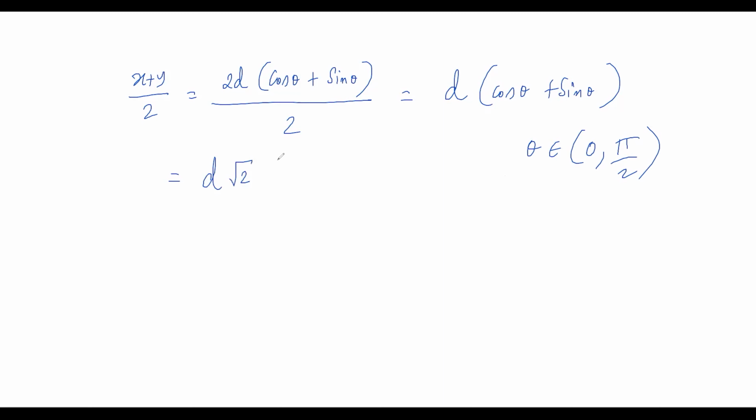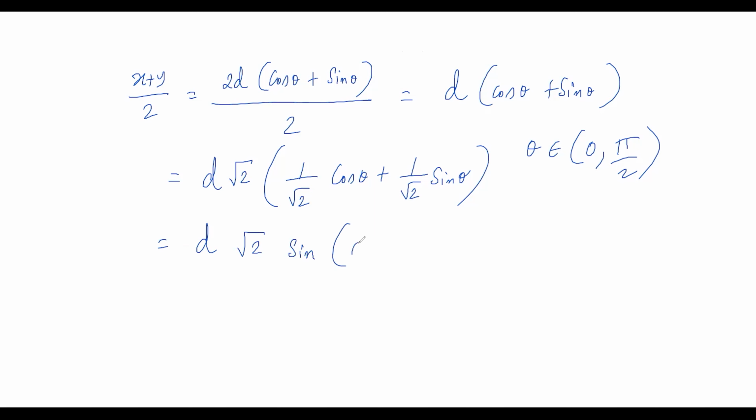let's multiply with root 2 and divide by root 2: cos theta plus 1 by root 2 sin theta, which is equal to d times root 2 sin (theta plus pi by 4). Now theta plus pi by 4 is ranging from pi by 4 to 3 pi by 4.